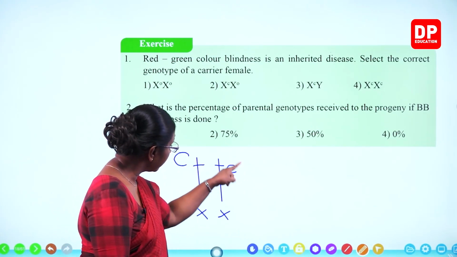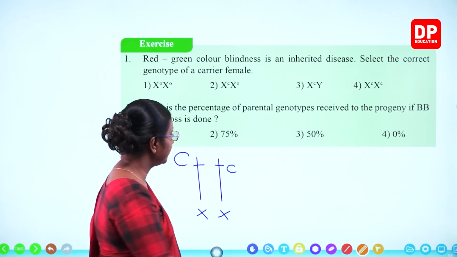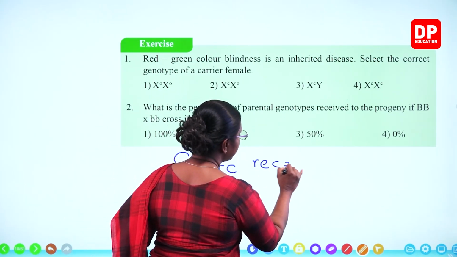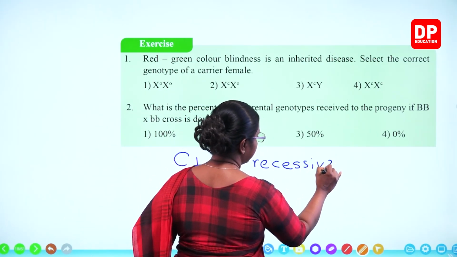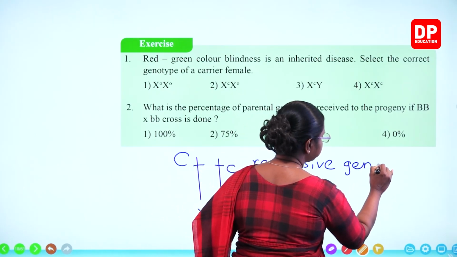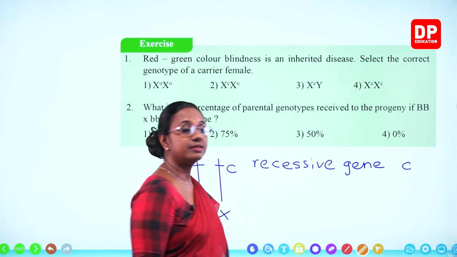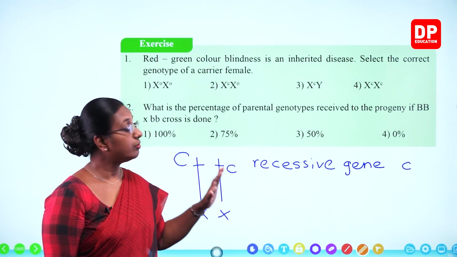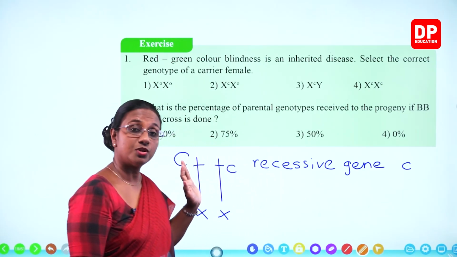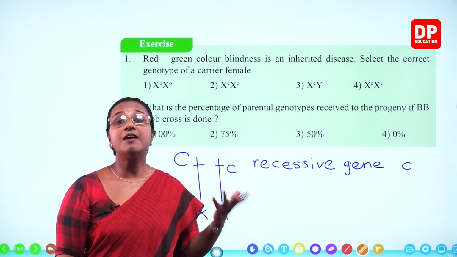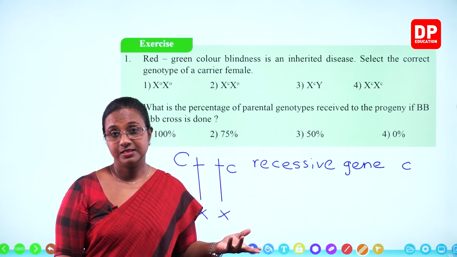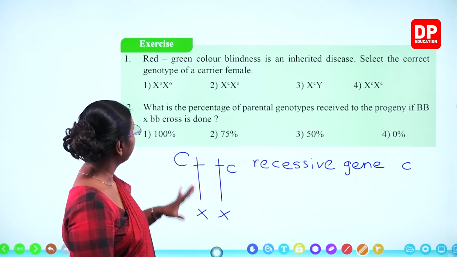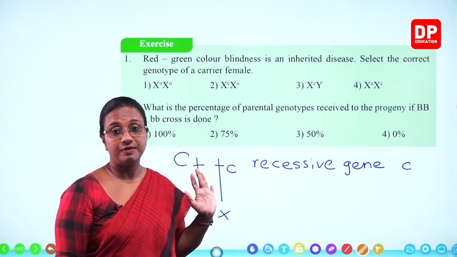So there is this recessive gene that is responsible for the disease. The recessive gene, simple c, is responsible for the occurrence of color blindness. If this recessive gene is not there, then there will be no disease. So that can be indicated in a different way.